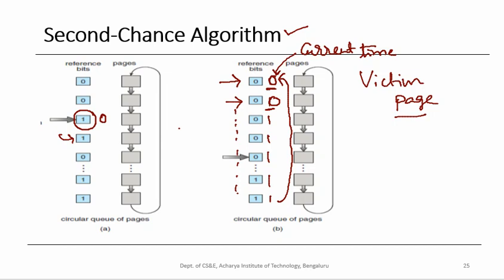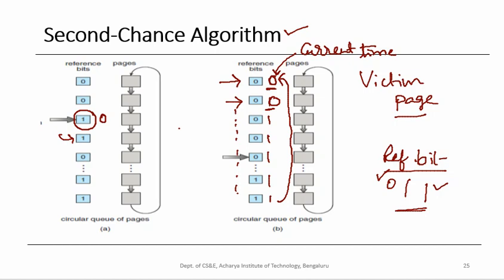It is very simple. In the page table, along with the valid invalid bit, we add one more bit called the reference bit, and this reference bit could be 0 or 1. When it is 0, the page is not being referenced by the CPU. If it is 1, the CPU has referenced that page. It simply means that.